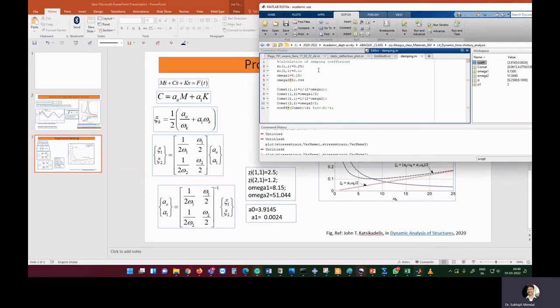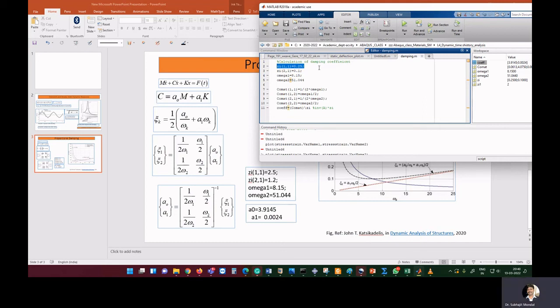Here you can see the modal damping factor for the first mode, I assume 0.25. If you have experimental data, you can put the data here. The second damping factor is 0.1, omega 1 is 8.15 Hertz, and omega 2 is considered from the mode in our XY plane, so our mode shape was reflected in the Y direction.